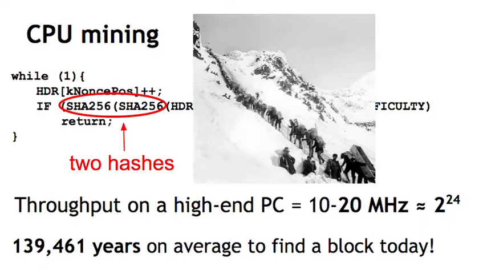So we talked about how mining was going to be a difficult slog. If you're mining on a general purpose PC today, it's a really, really big hill to get up because it's going to take you that 140,000 years. So as a result, today, and even for the last few years, anybody trying to do mining on a CPU probably didn't understand how Bitcoin worked, and were probably pretty disappointed that they never made any money doing it.